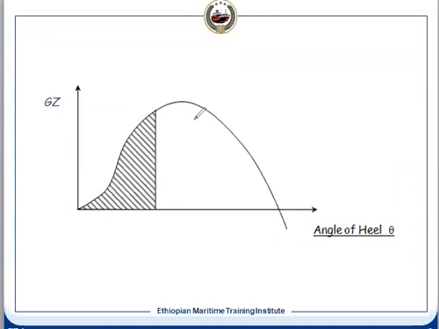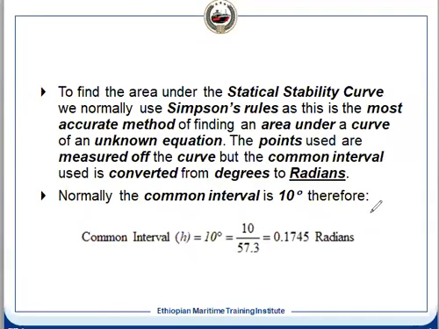The area under this curve multiplied by delta gives the work done from the dynamical stability curve. We'll do the numericals later on. So we'll calculate this area and then the work done required for that angle.